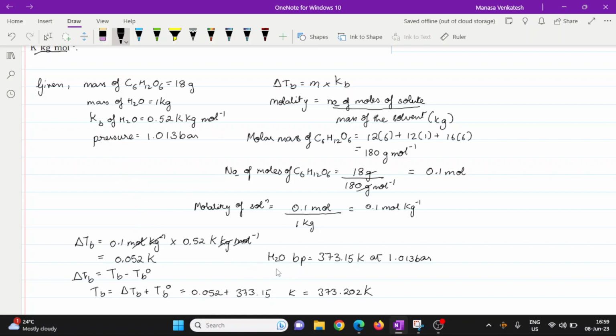Then we know that water's boiling point is 373.15 Kelvin at 1.013 bar pressure, and we use the equation of the elevation in boiling point. We're able to calculate the boiling point of the water in this solution, which is 373.202 Kelvin. With that, we're done with example 2.7. In the next video, we'll be talking about example 2.8.